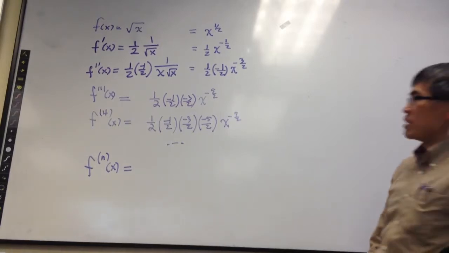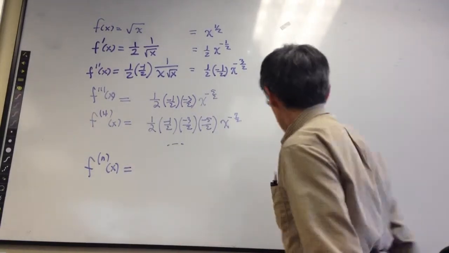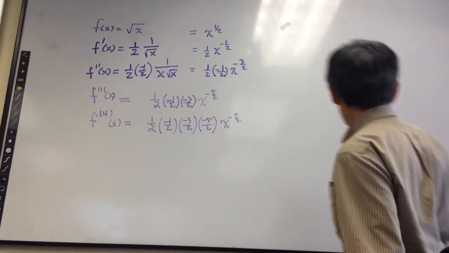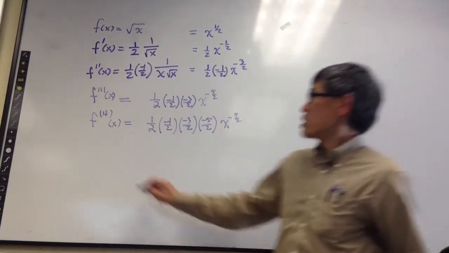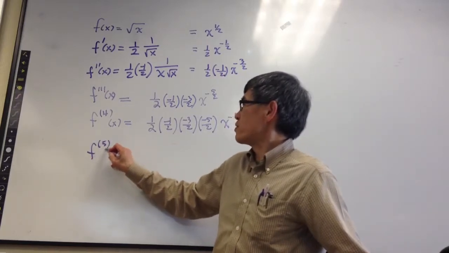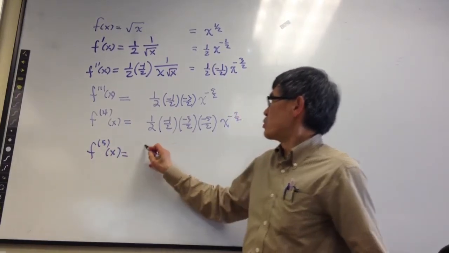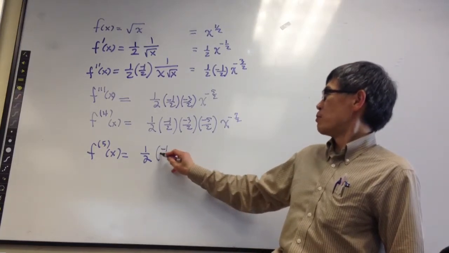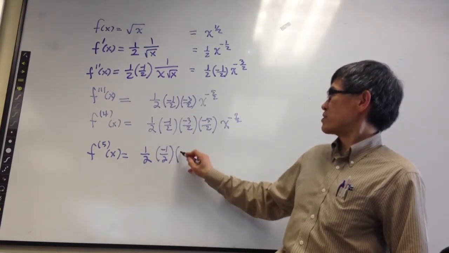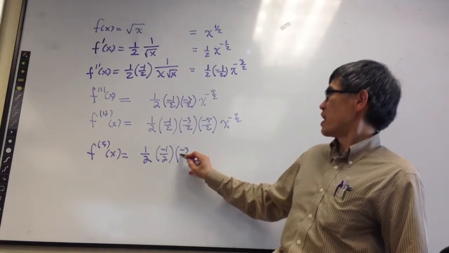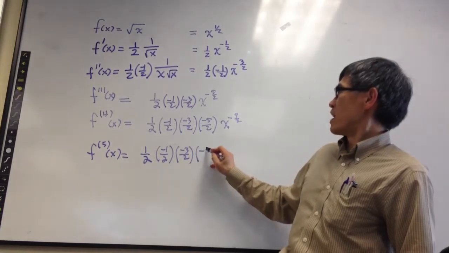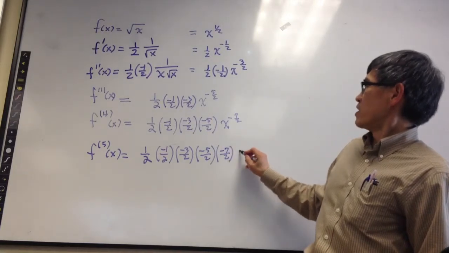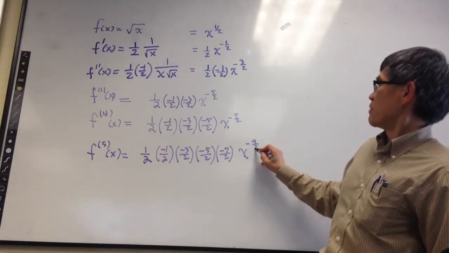Perhaps you can cook up one more. This one is the fifth derivative. That will be 1/2 sitting in front. And then you have a whole bunch of negative factors. Negative 1/2, negative 3/2, negative 5/2, and one more. Negative 7/2. And x to the negative 9/2 power.